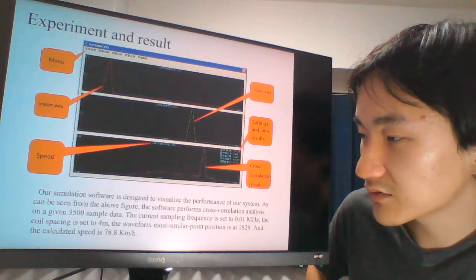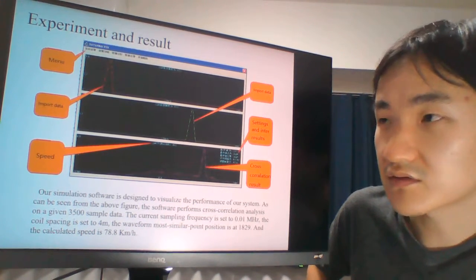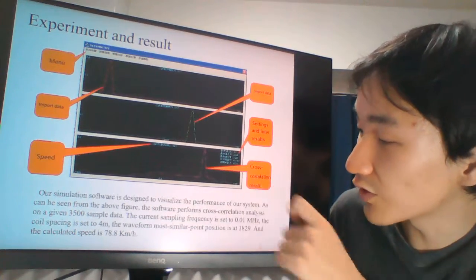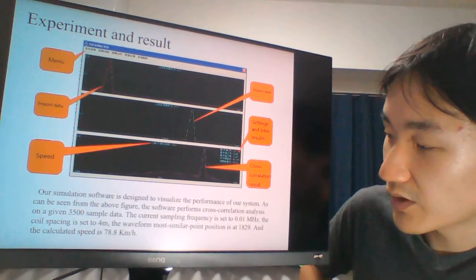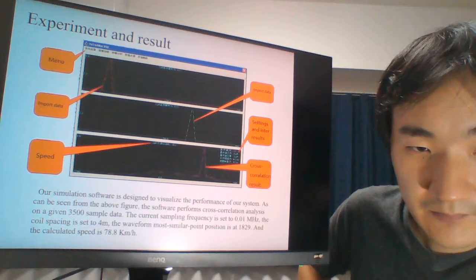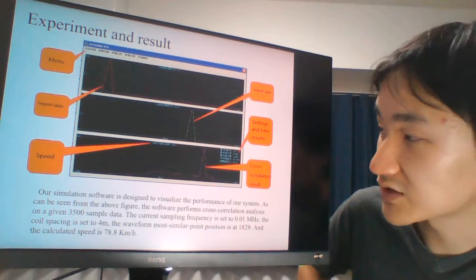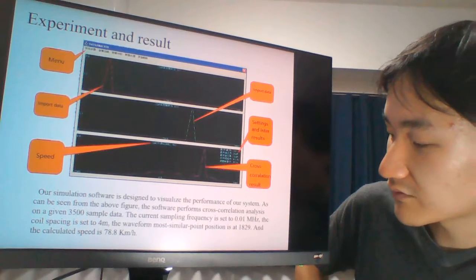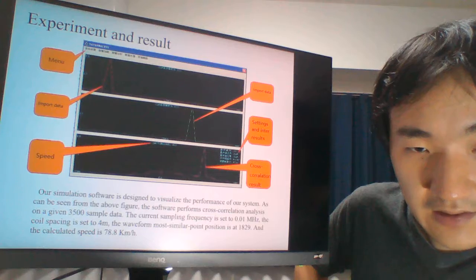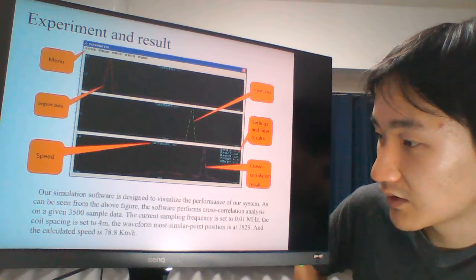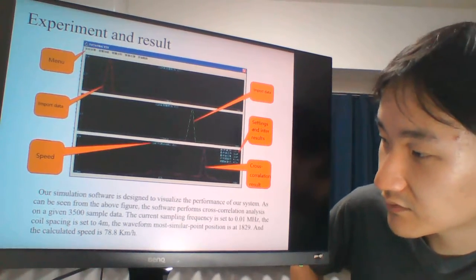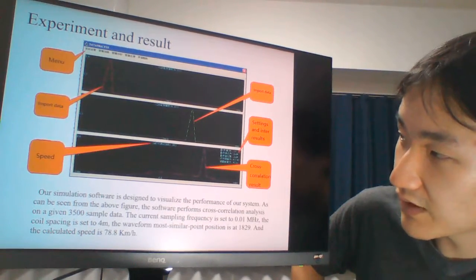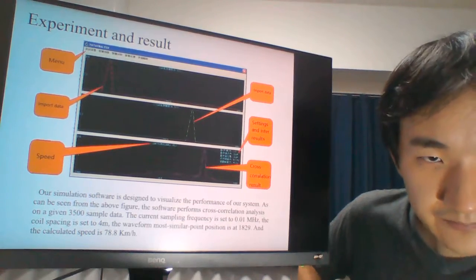The coil spacing, which is the distance between two loops, is set to be 4 meters, and the most similar waveform point position here is at 1,829, and the calculated speed is 78.8 kilometers per hour.